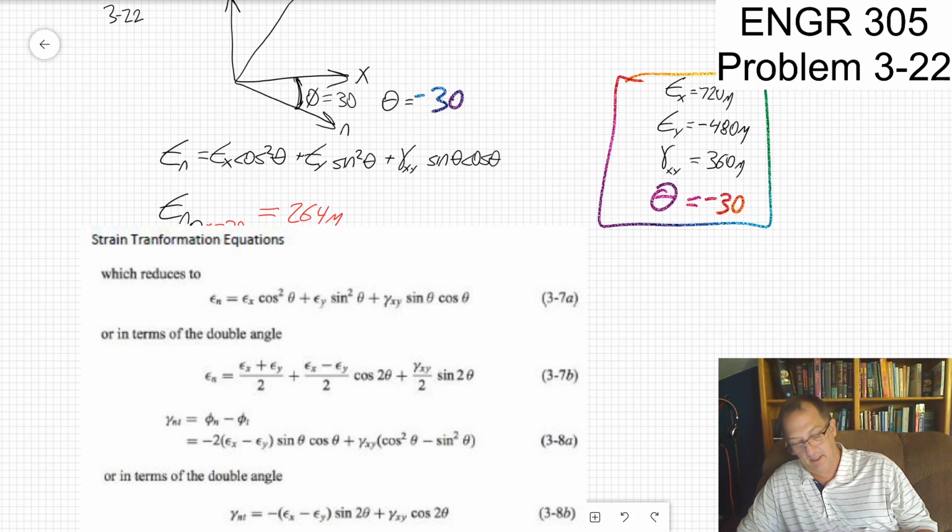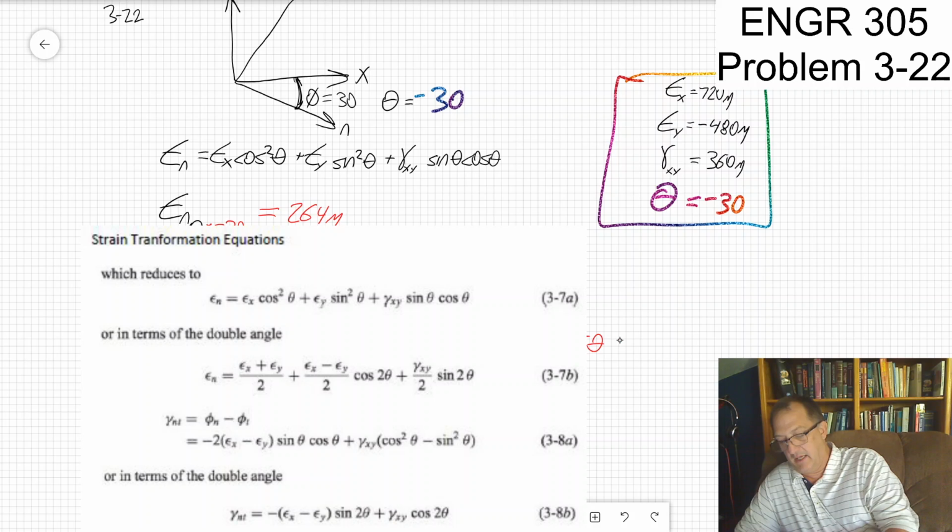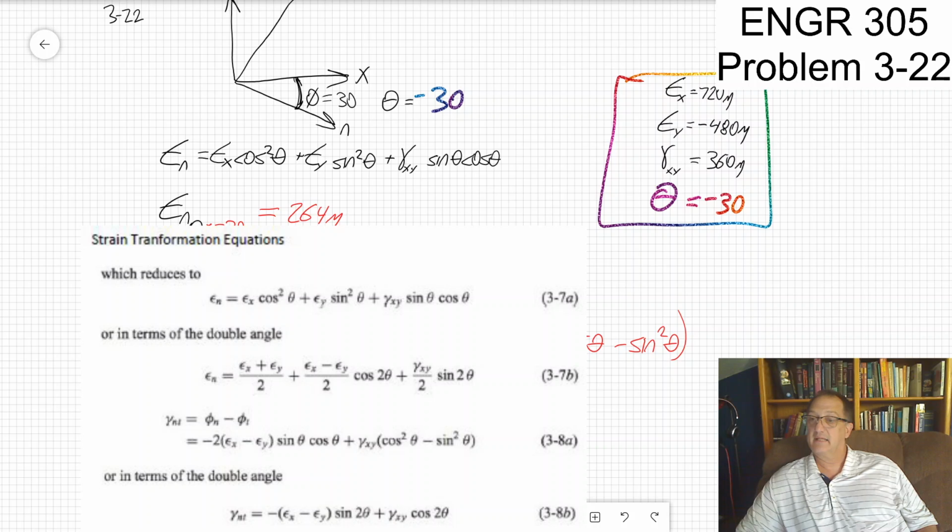I'm going to go with gamma NT is equal to minus 2 times epsilon x minus epsilon y, sine theta cosine theta, plus gamma. I was saying double angle, and then I grabbed the other one. I think this term is the hard term here, cosine squared theta minus sine squared theta. I think that's the ugly term.